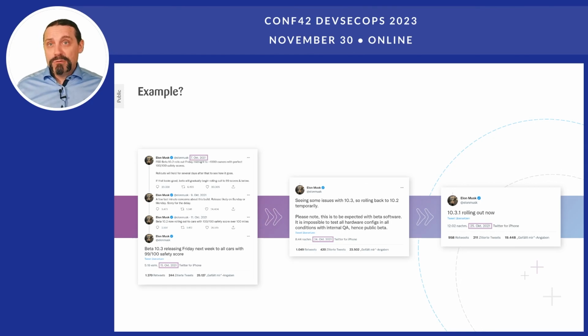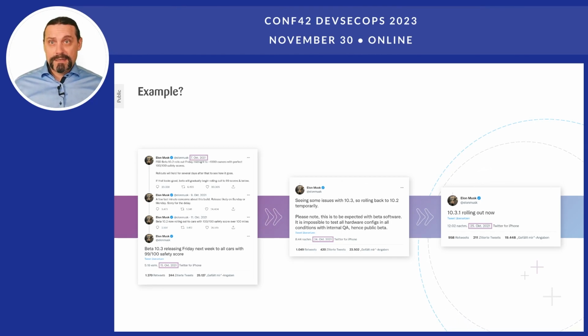And he is able to target a certain group of people based on that data. This is a so-called canary release. Now, on the 15th of October, he then tweets, everything was okay with the 10.2 release, and we are releasing now 10.3 to a larger group of people.